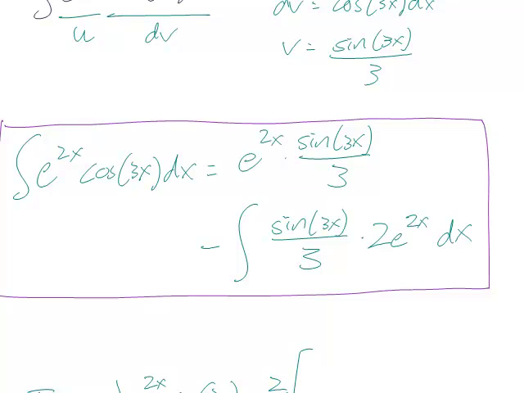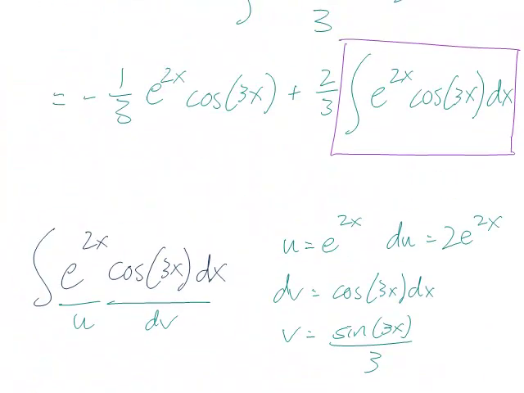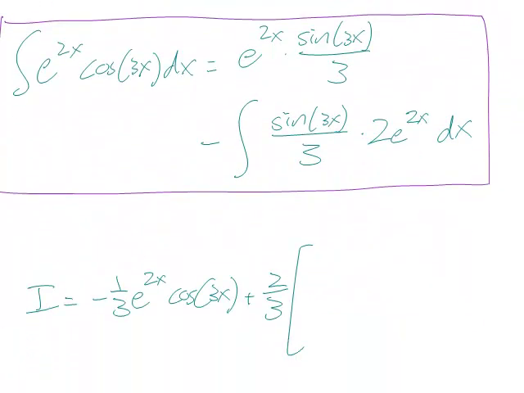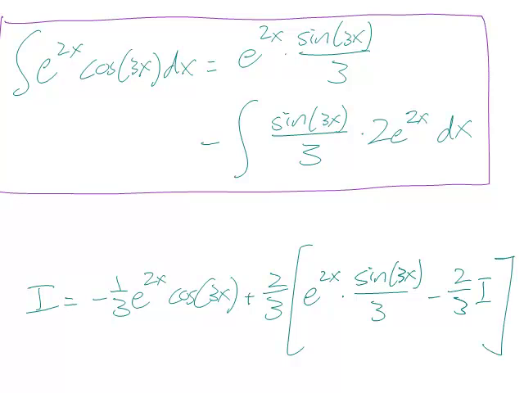And so replacing the purple box up here with the contents of this purple box, we get e to the 2x times sine 3x over 3 minus 2/3 of I. So it's nice not having to write that entire integral again.